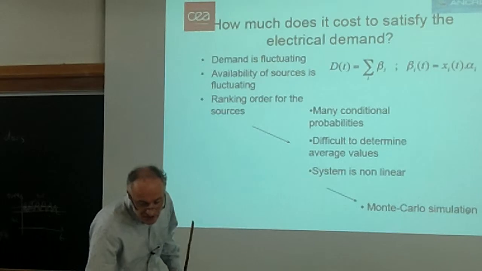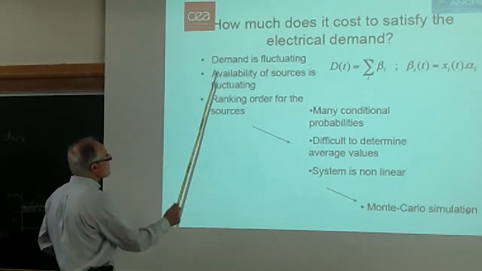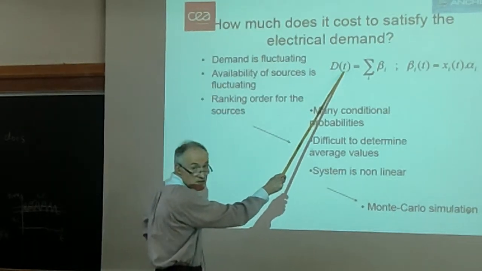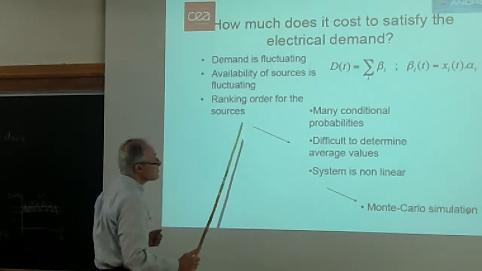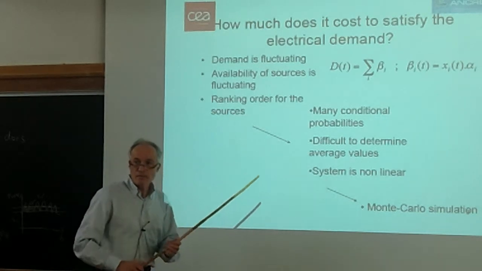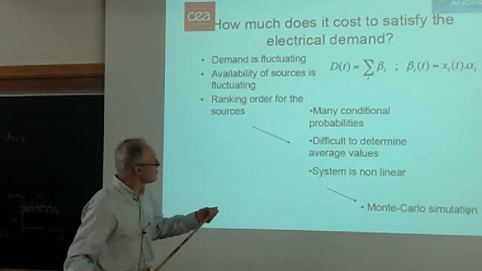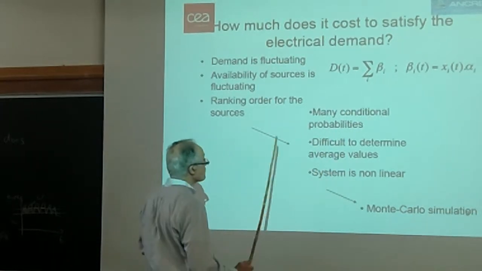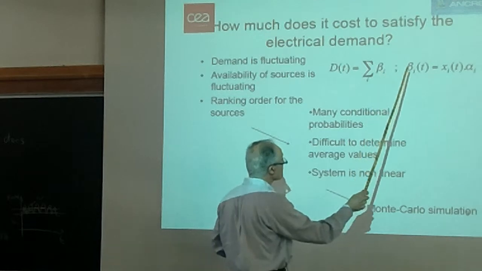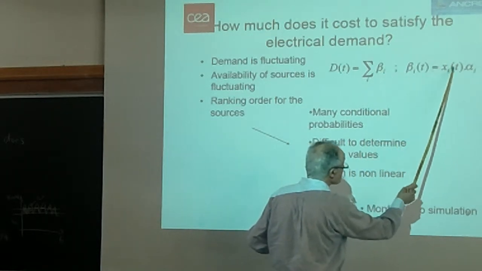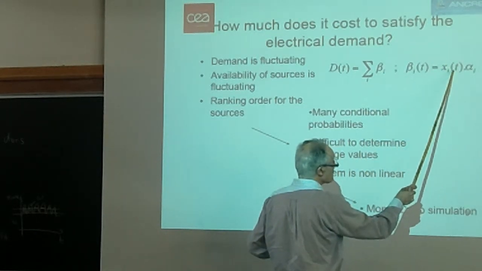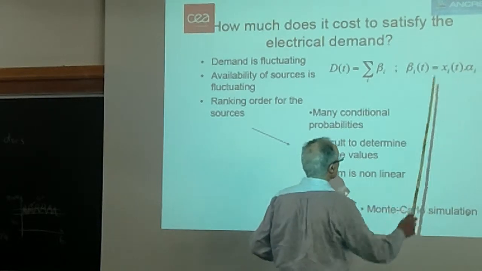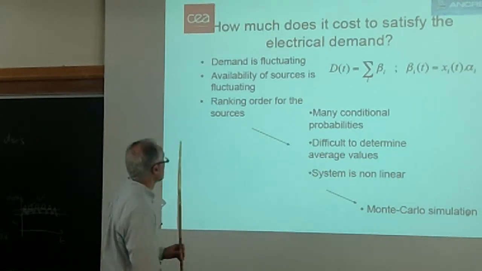We have a fluctuating demand, D, which depends on time, and this demand must be satisfied by the production for all sources. And the production for each source is a proportion, X, smaller than 1, and depends on time, of a proportion of the total installed power here.